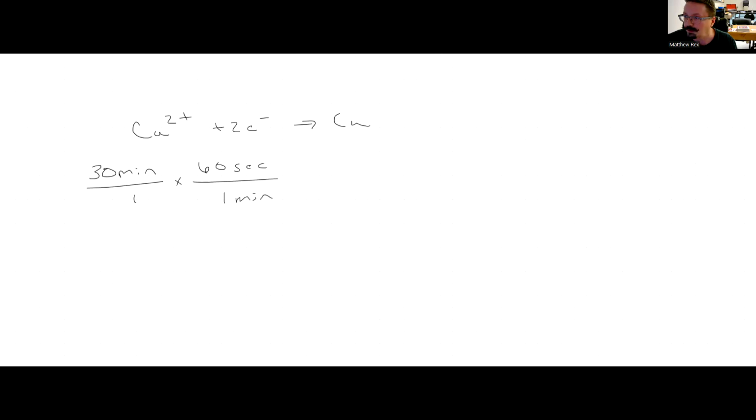Then we can multiply by our amps to cancel out our seconds. Then we're going to cancel out our coulombs by dividing by Faraday's constant. And then when we look at the reaction, we need to go from moles of electrons to moles of copper.